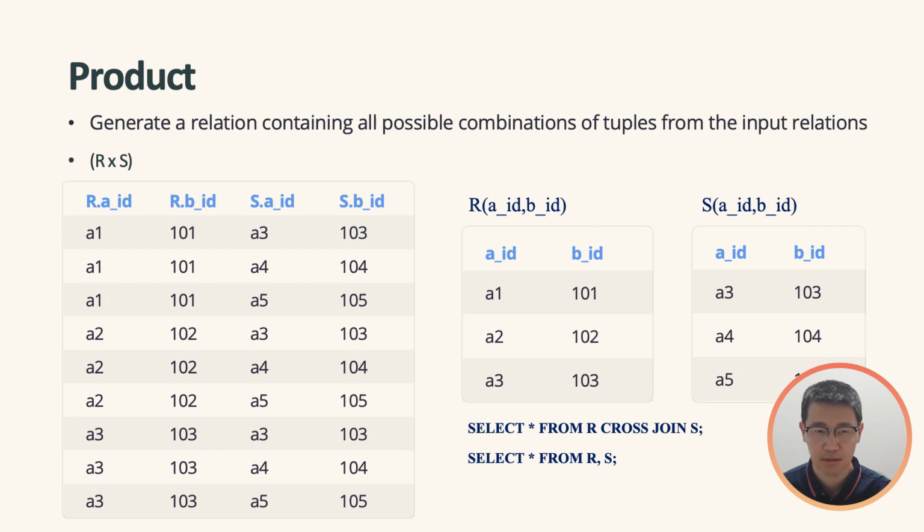In this database, I can perform this using two operations. One is cross join, using R cross join S. Another, simpler method is select star from R, S, where the comma can integrate R and S. This output includes all these combinations and selects them out.